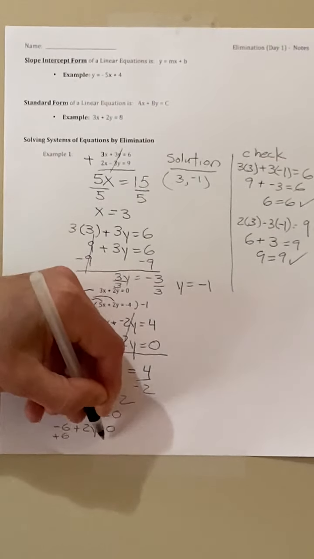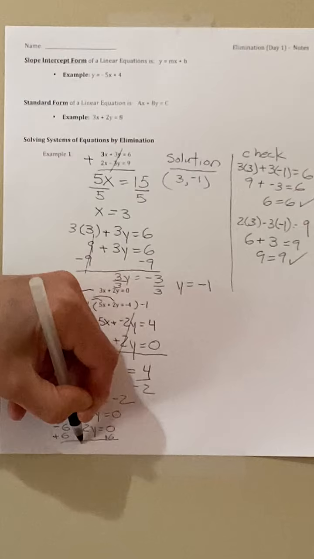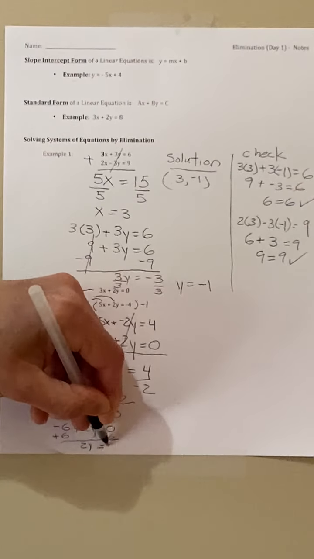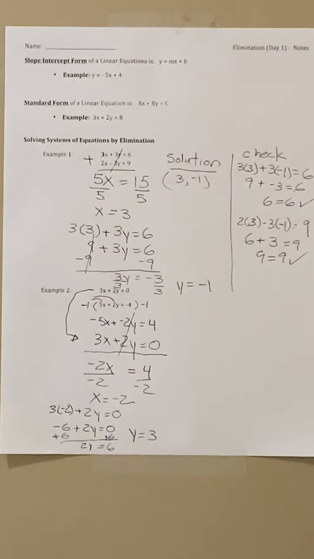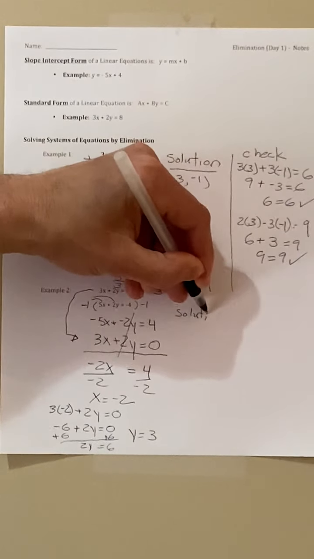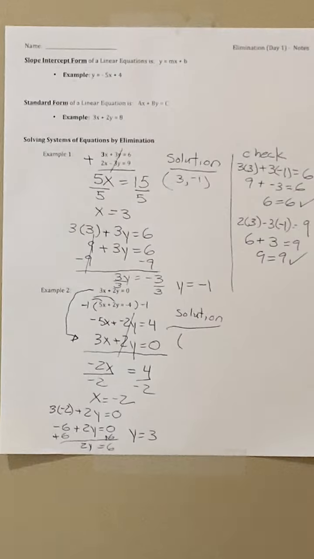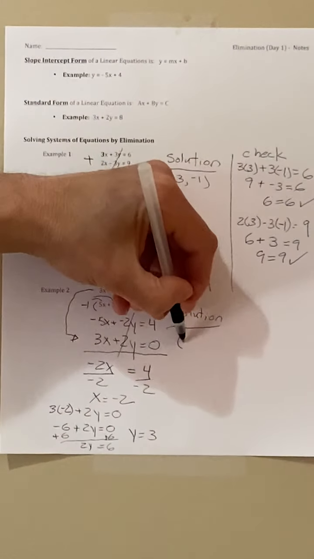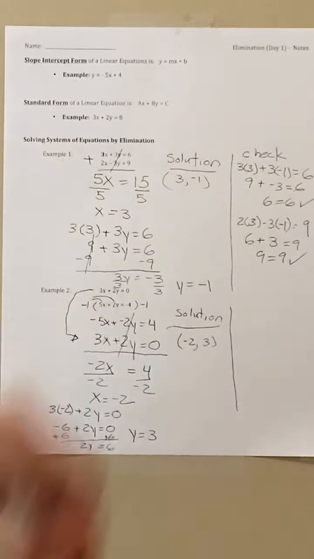Add 6 to both sides. 2y equals 6, or y equals 3. Okay, so my solution here, if I write this as coordinates, is (negative 2, 3).